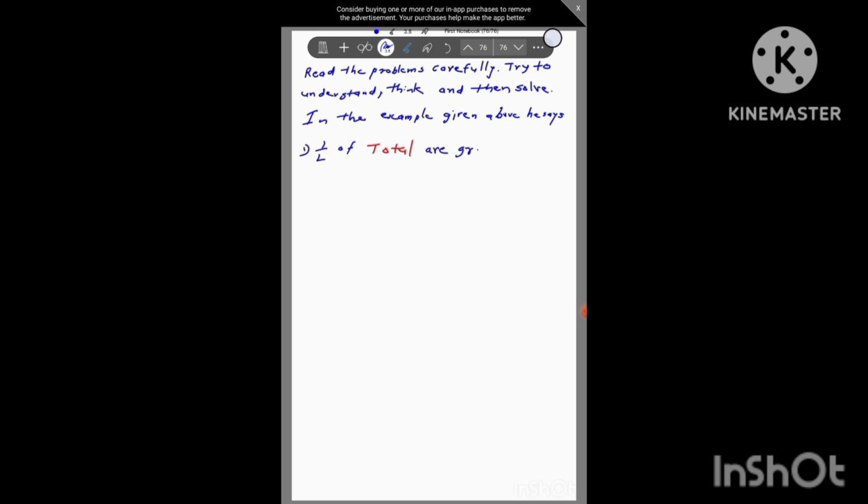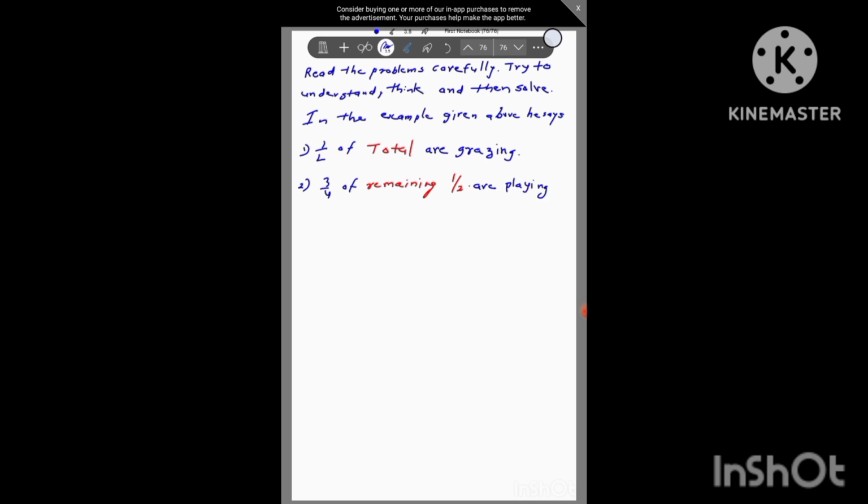Got it? If you think about it, you will face absolutely no problem. Now, three-fourths of the remaining half are playing, not the total, the remaining half. So do note this point.